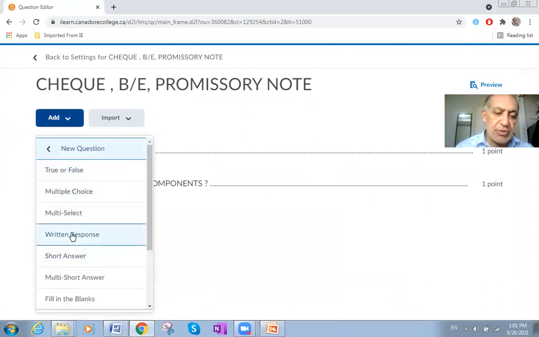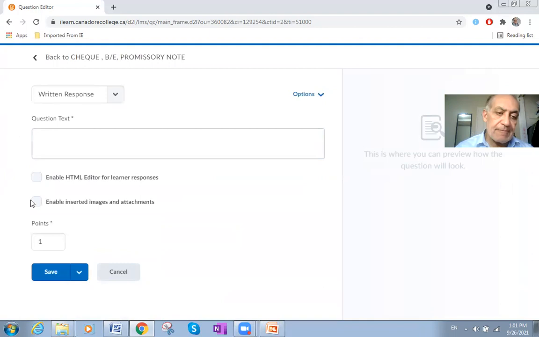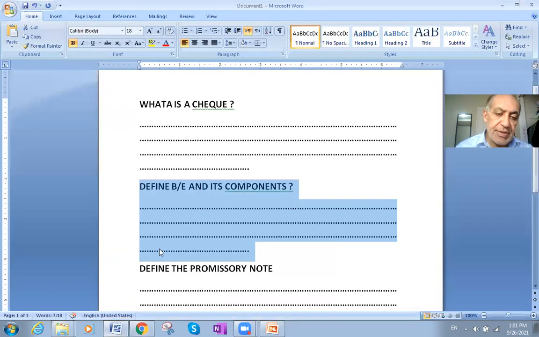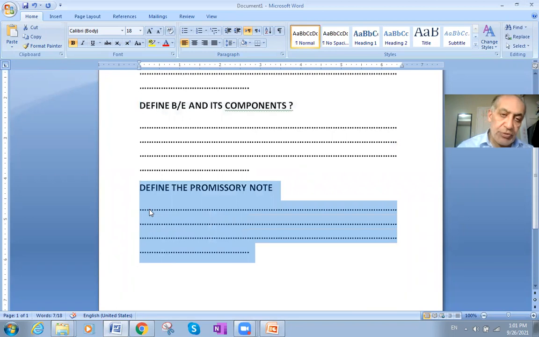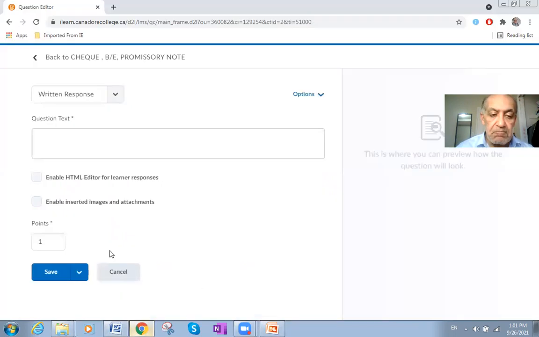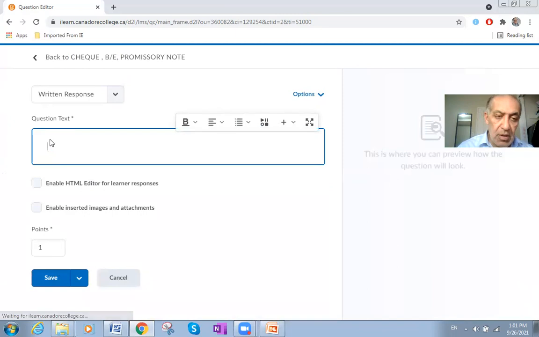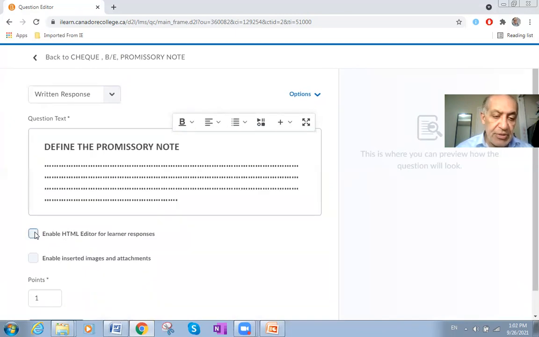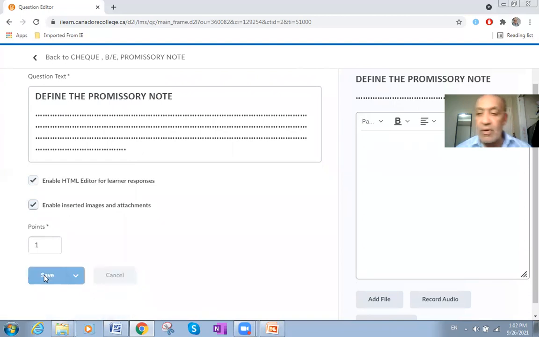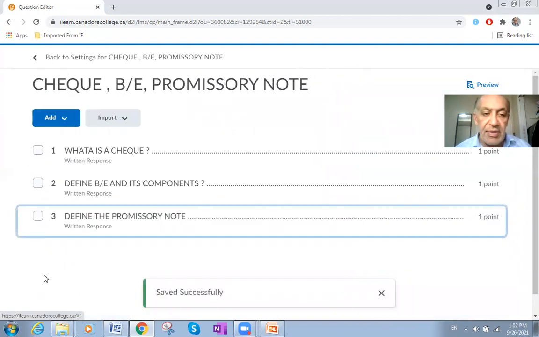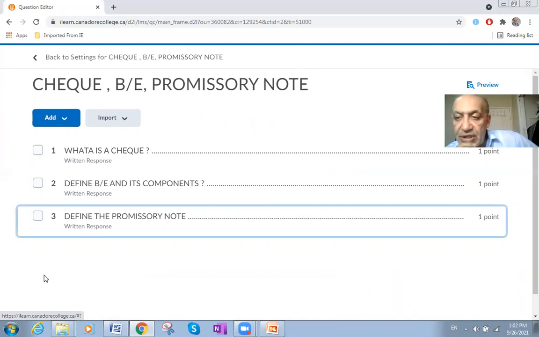This will also be a written response. Then we'll go for question 3. Control C, Control V, define the promissory note. And here we go, our three questions to be there about the check, promissory note, and the bill of exchange, and the definition of each one of them.